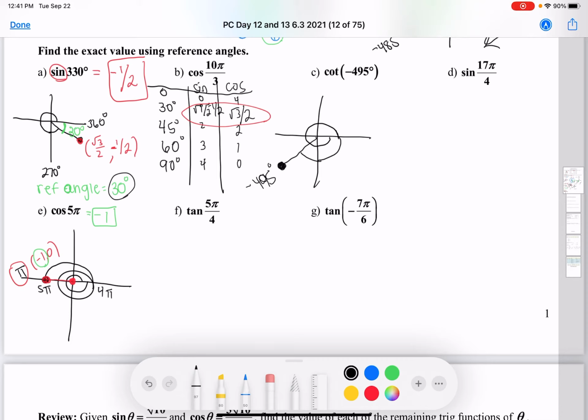So our reference angle, well, if I had to, from my y-axis, go an additional 45 degrees, so this angle here is 45. Knowing that this quadrant's a 90-degree angle, as they all are, this on the other side also has to be 45 degrees. So my reference angle is 45 degrees. All right, well, I'm looking for cotangent of 45 degrees.